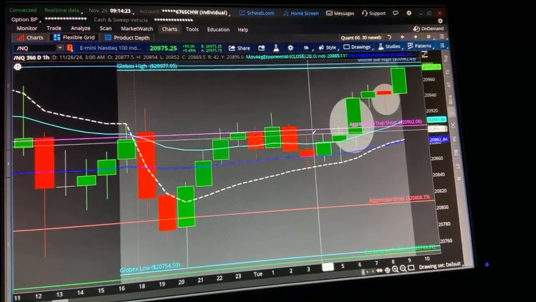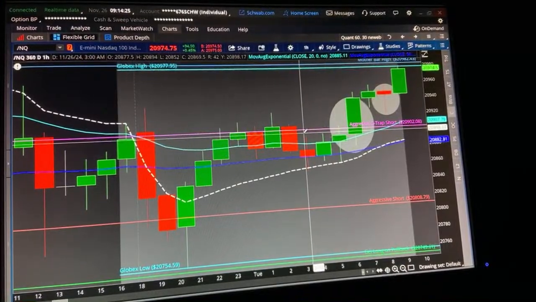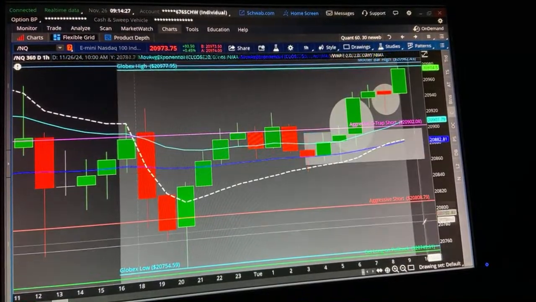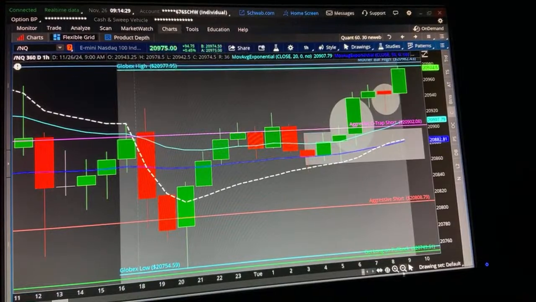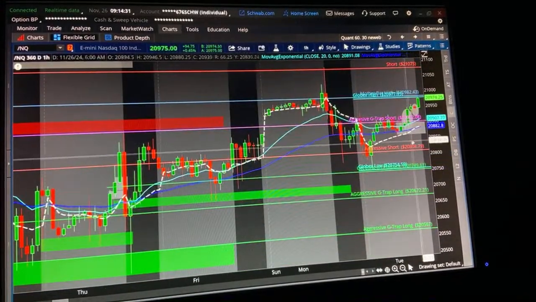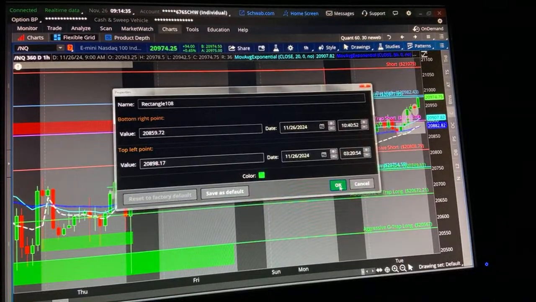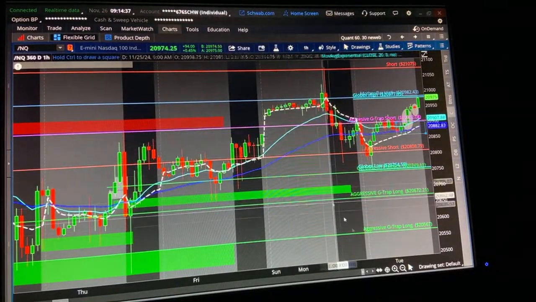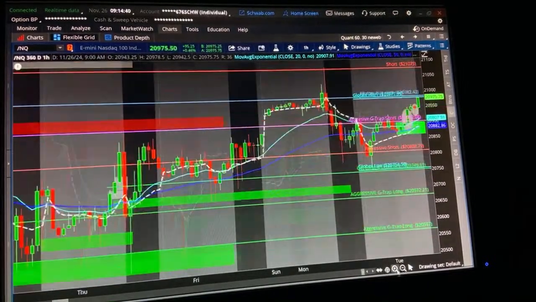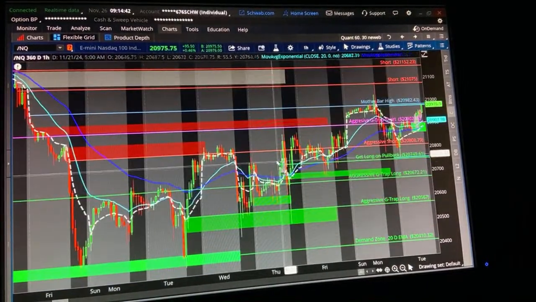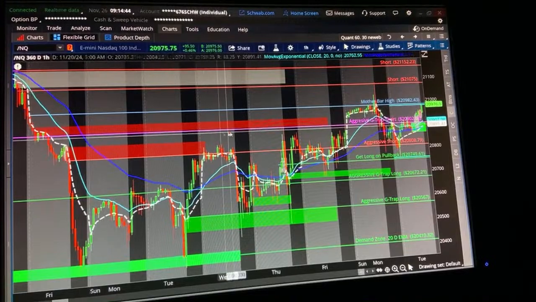Could we pull back down into VWAP, into this level right here, especially given that we have low volume on this holiday week? We could pull back down. All right, I'll delete this. Well, I could just turn it green.